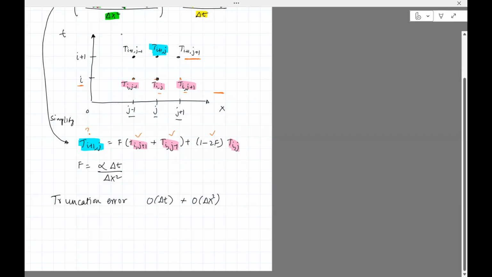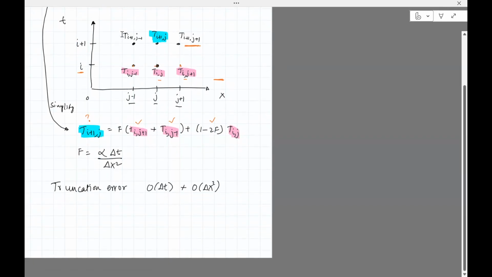So it's the sum of the two. It's actually going to be the worst case. If we choose 0.1 for delta x and 0.25 for delta t, then clearly 0.25 is going to be the one which is the higher value, and that is going to dictate the truncation error. So worst case, the bigger value between delta t and delta x will dictate the order of the error. So that's the first thing.